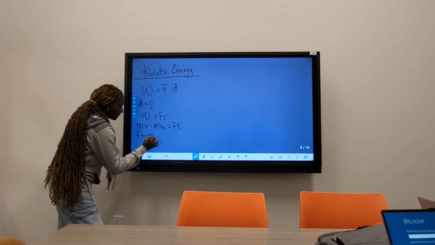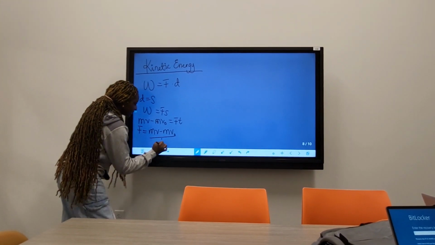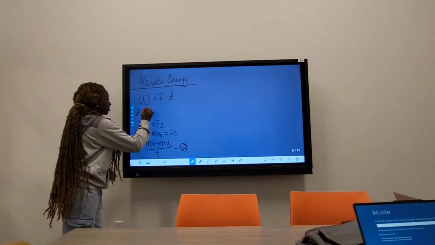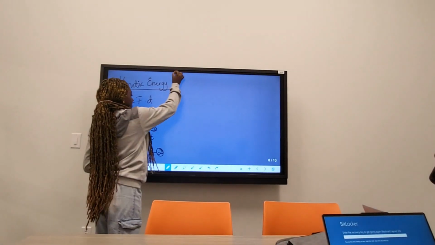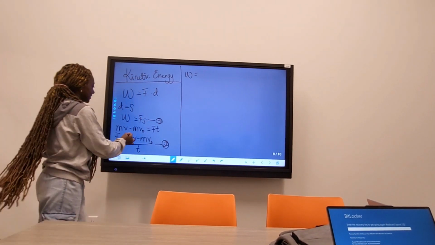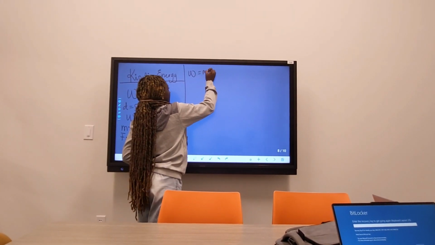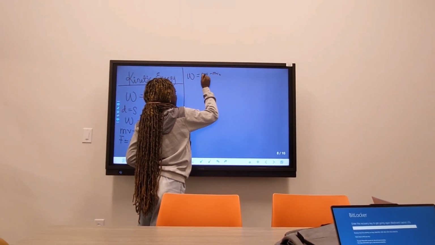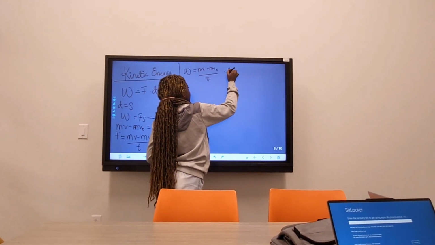We have (mv minus mv naught) out of t, and then we are going to substitute this equation 2 into our equation 1. So W is equal to, replacing our F with this, (mv minus mv naught) out of t, times s.